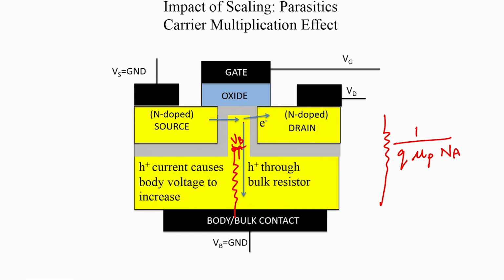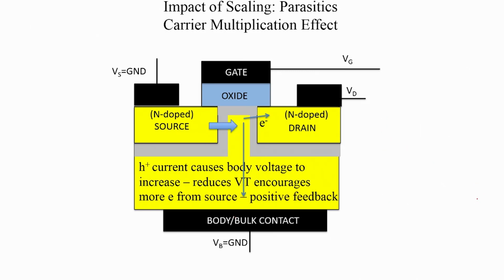If Vb, the potential of the bulk, starts to increase, the Vbs starts to increase. And what happens if Vbs starts to increase? This junction gets forward biased and it is going to reduce the threshold voltage.